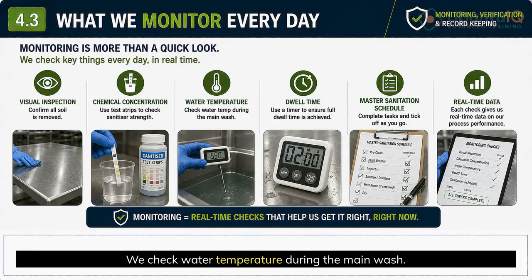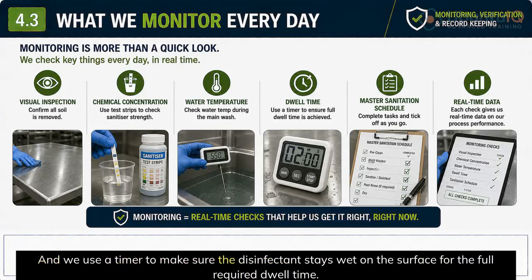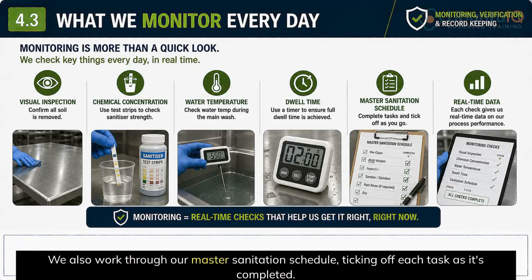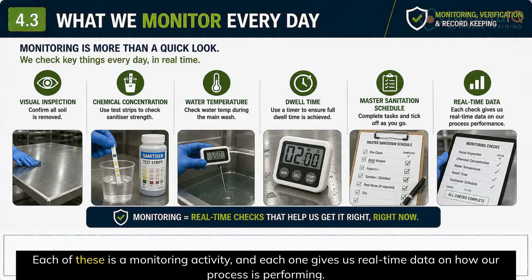We check water temperature during the main wash. And we use a timer to make sure the disinfectant stays wet on the surface for the full required dwell time. We also work through our master sanitation schedule, ticking off each task as it's completed. Each of these is a monitoring activity, and each one gives us real-time data on how our process is performing.